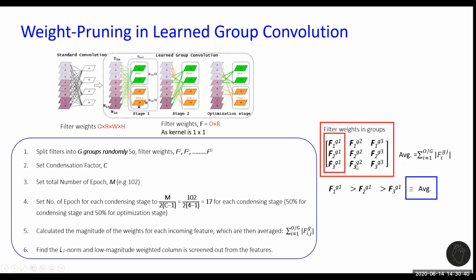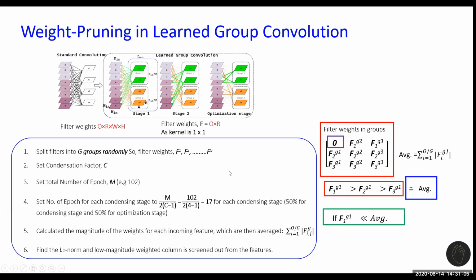And when we are done, we first sort out those filters and compare each of the filters with the average value. If an individual filter weight is very much less than the average one, we put a zero mask in that matrix. In that way, we can remove those redundant connections and make the network very light.